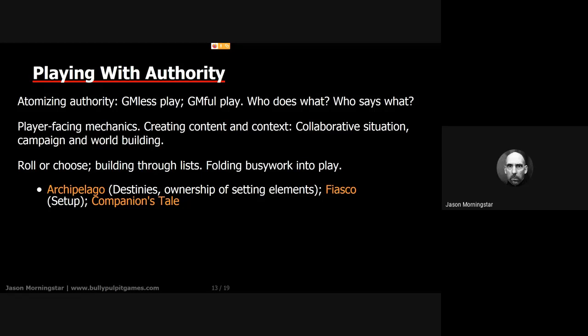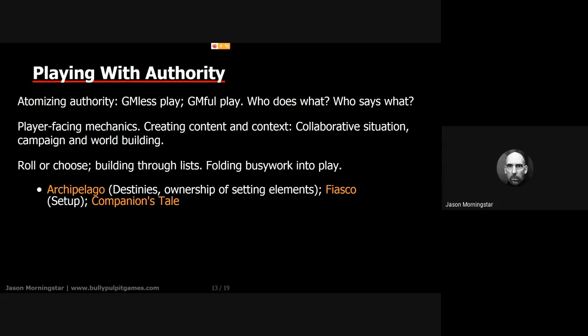What are things you can do as a game designer with this? Well, you can atomize it. You can break it up. So when you play Dungeons and Dragons, you have a game master and players with very different asymmetrical responsibilities.